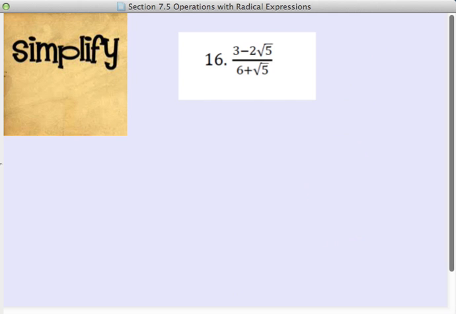Number 16, same idea. I have a radical in the denominator, and since there's addition, I need to go ahead and multiply by the conjugate. So it's going to be 6 minus square root of 5. Okay. I'm going to FOIL on the numerator.